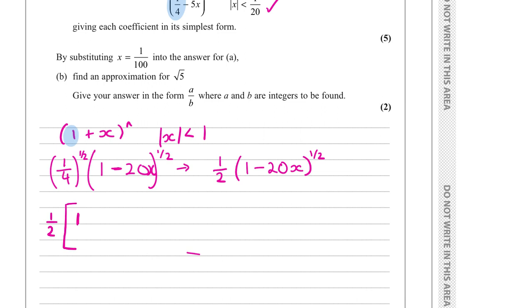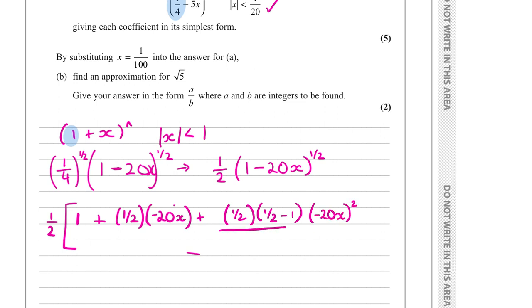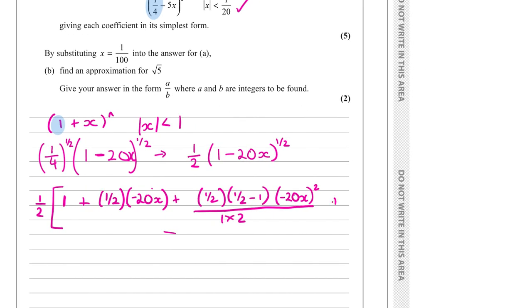What's the second term? nx. What is my n? A half. What is my x? Minus 20x. Plus, then we're going to have a half minus 1, lots of minus 20x all squared divided by 1 times 2, plus.